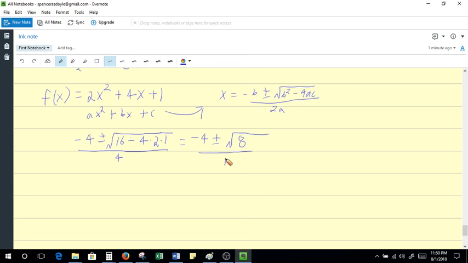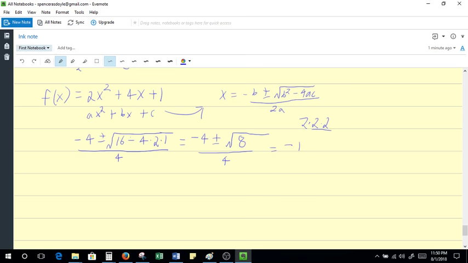all over 4. Now we can't pull out everything, 8 doesn't square out, but we can pull out as much as we can. When we do square roots, we need to pull out in pairs, so 8 can be broken down into 2 times 2 times 2, so we can pull out a pair of 2s. So let's do that.